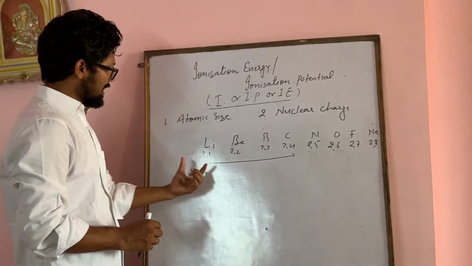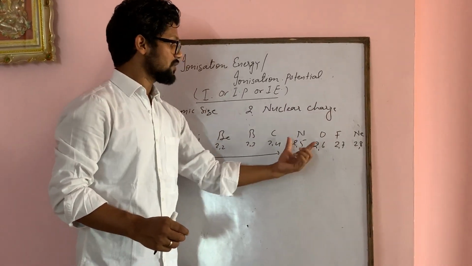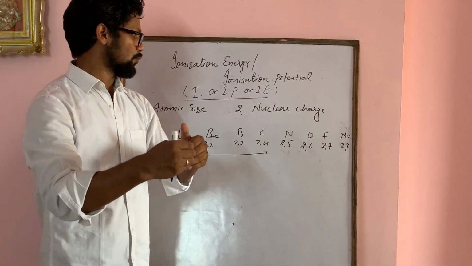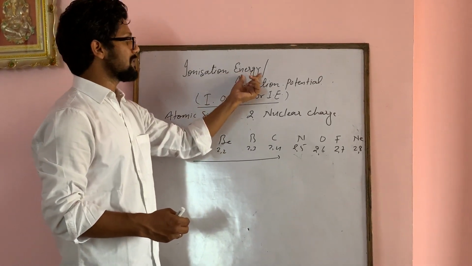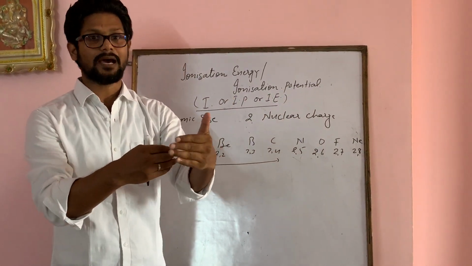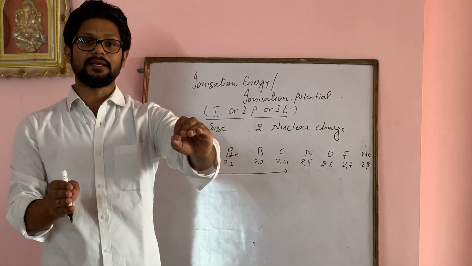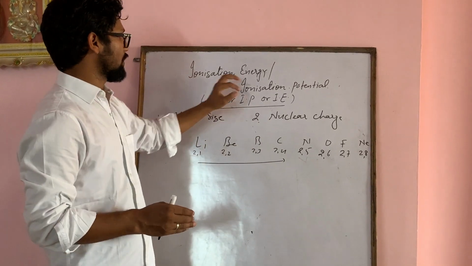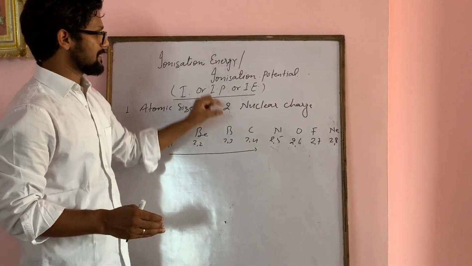So we can say that as we go across a period, nuclear charge increases, the force of attraction between the nucleus and outermost electron is more, therefore atomic size will decrease and ionization potential or ionization energy will be more, because due to more attraction, you need more energy to remove the electron from there, and that energy we said is ionization potential. So as we go across, ionization energy increases.